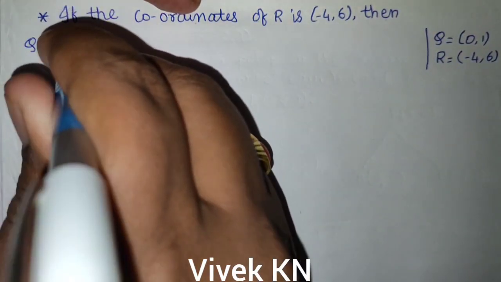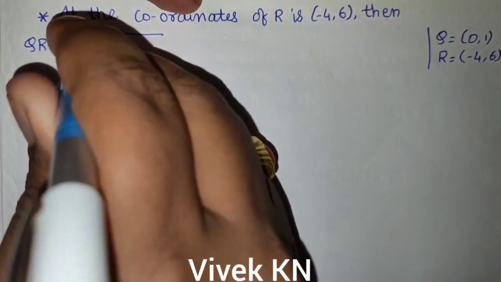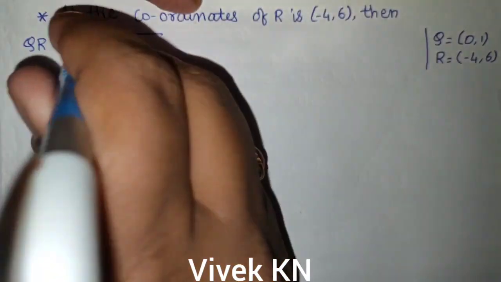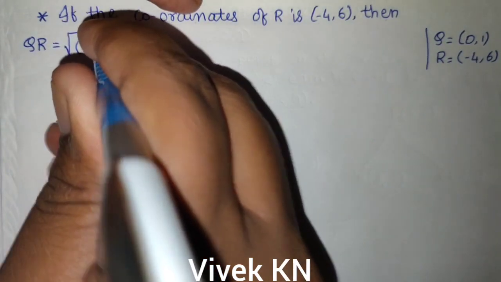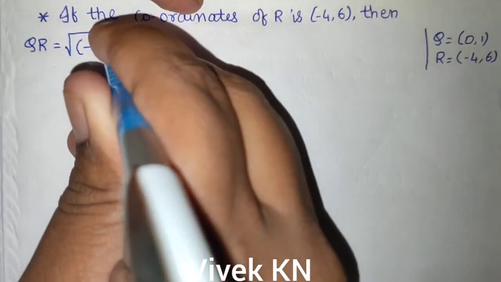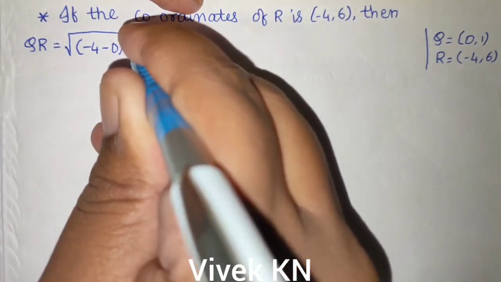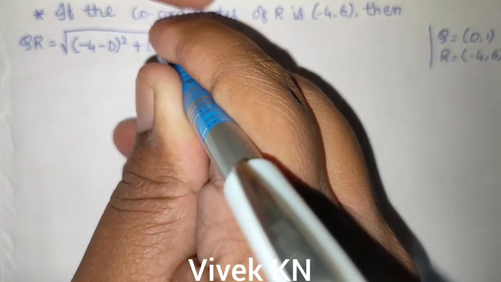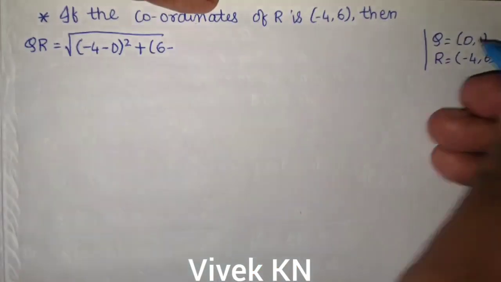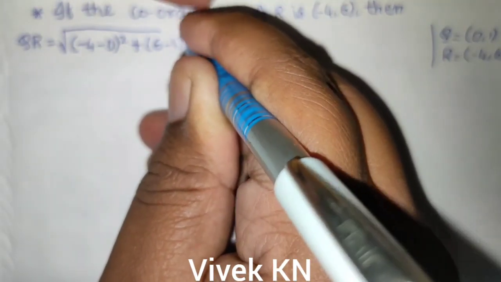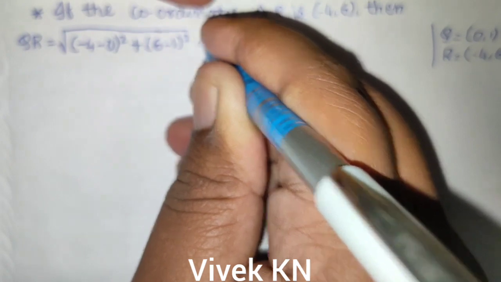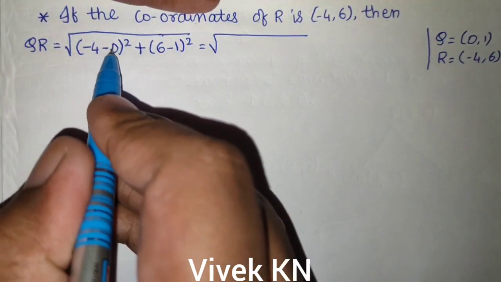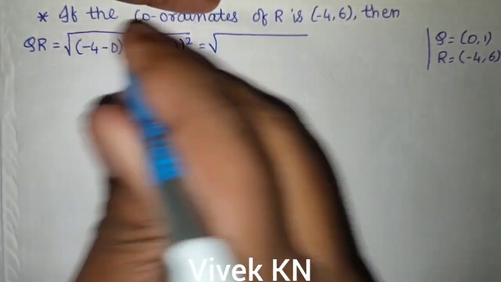So QR is equal to under root of x2 minus x1, that is minus 4 is the x2 minus x1 value is 0 whole square plus y2 value is 6 minus y1 value is 1 whole square, which is equal to under root of, adding minus 4 and minus 0 we get minus 4 only.